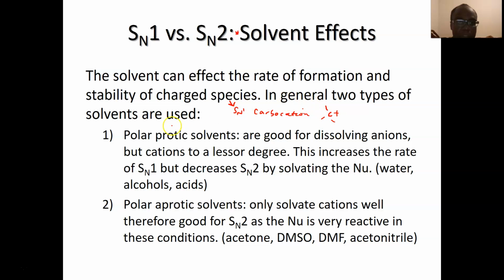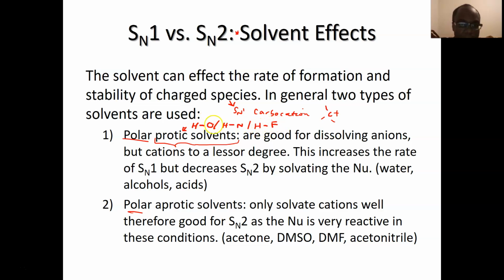In general, there are two types of solvent. Both of them are going to be polar, but one class is protic solvent. Protic means that the structure of the solvent has a hydrogen bonded either to oxygen or nitrogen or fluorine.